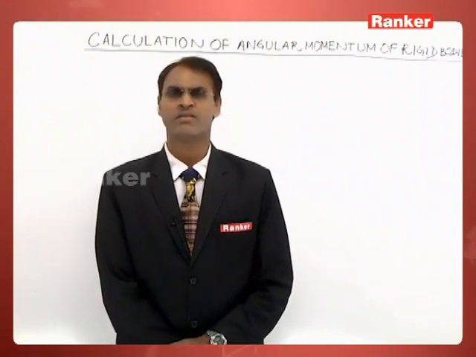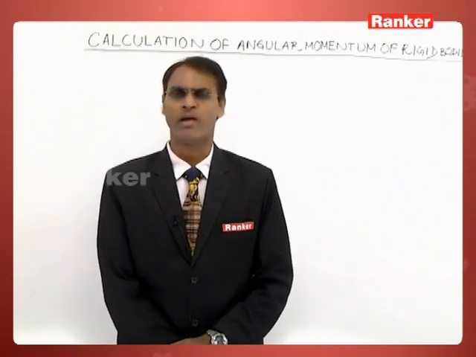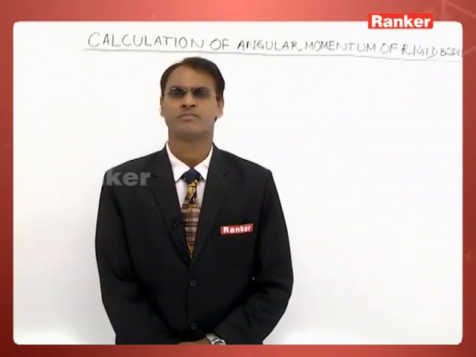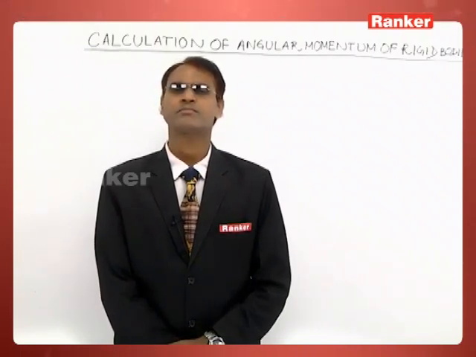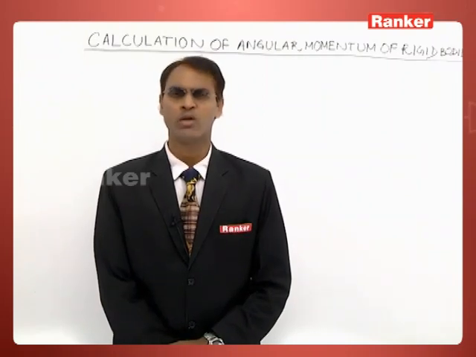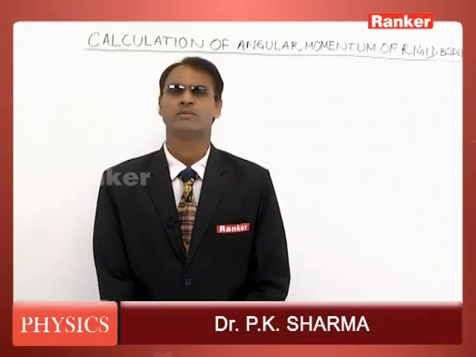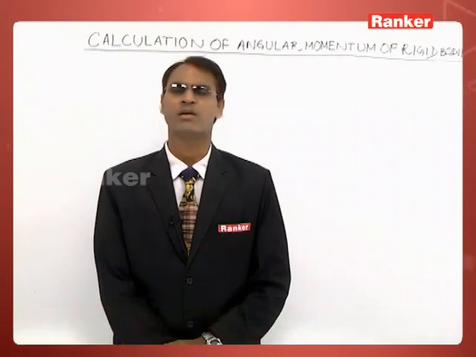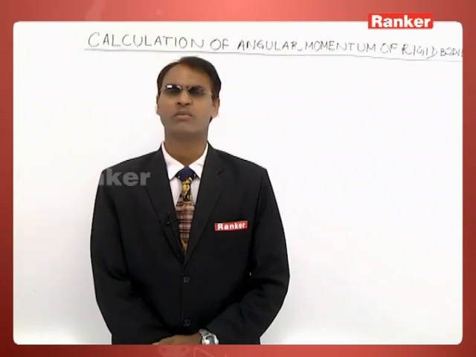Same concept is valid for the rigid body. The angular momentum of a rigid body about a given point, a reference point. Essentially, the reference point should be inertial. The angular momentum of a rigid body about a given point of reference is equal to the angular momentum of the rigid body about its center of mass plus the angular momentum of the center of mass with respect to the given point of reference.